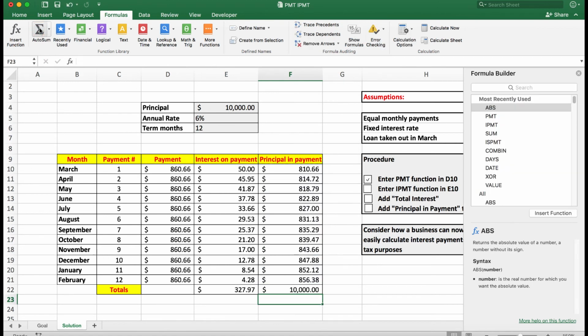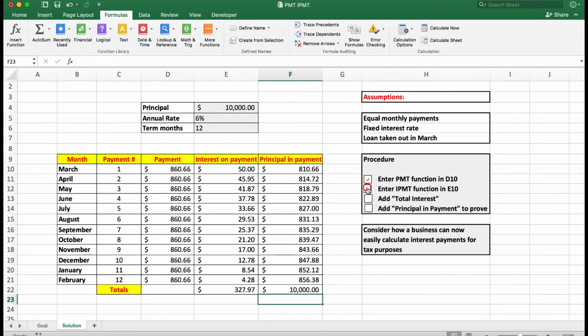It should come to 10,000, which it does. So we know that our principal in each repayment totals the principal that I originally borrowed. We'll close the formula bar. We'll make a couple of ticks here now to say that we've done the job.